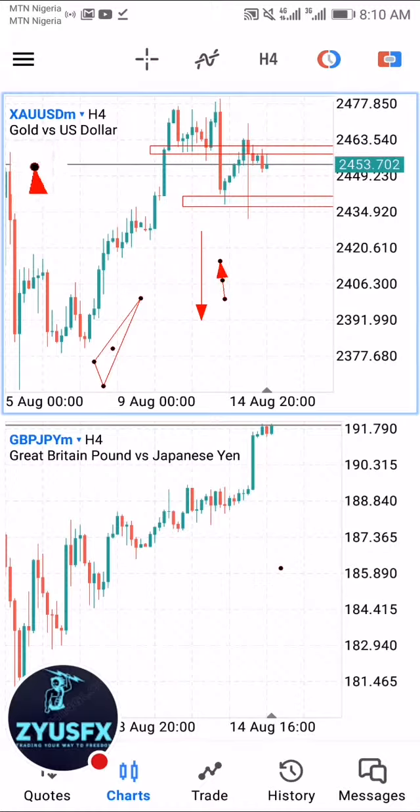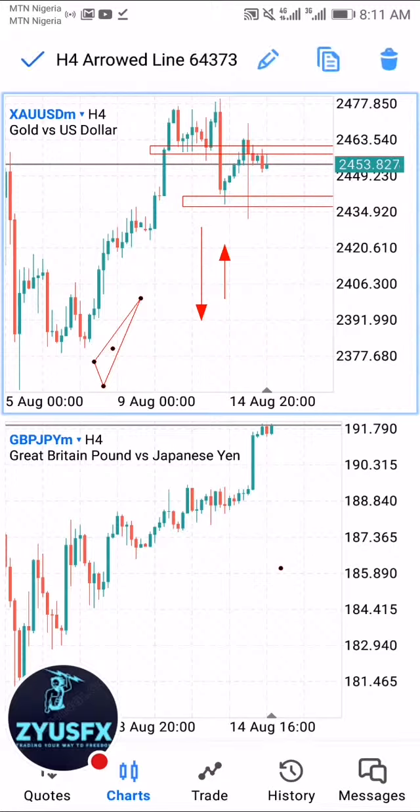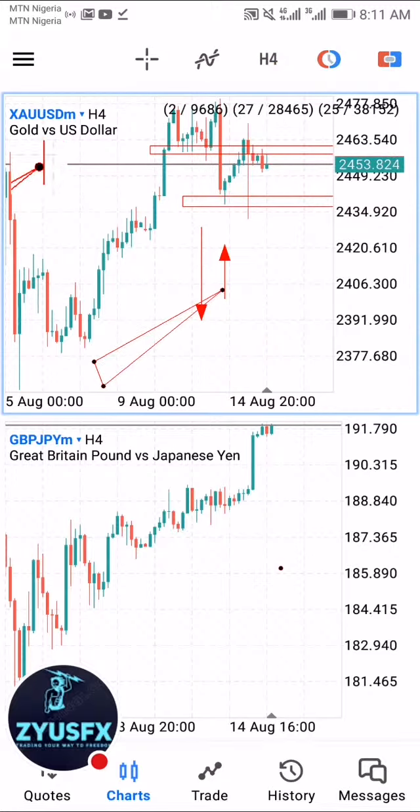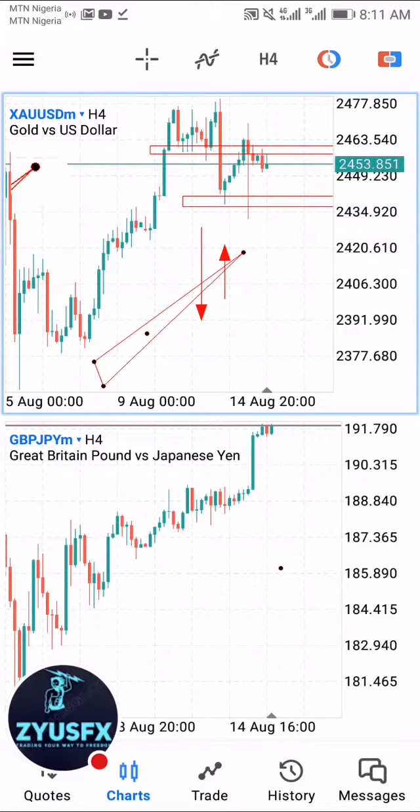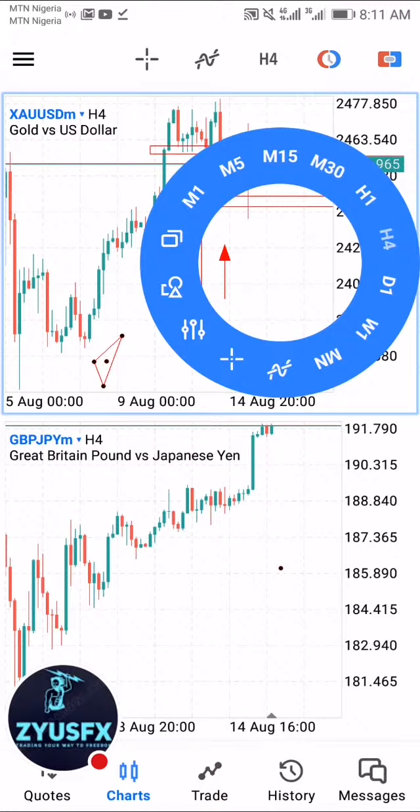Price will pull back slightly, more like a resting period before a continuation down.